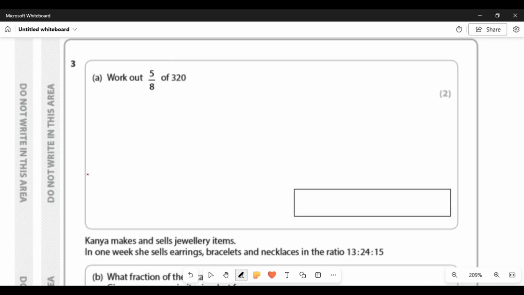Question 3a, work out 5/8 of 320 for 2 marks. When you do a fraction of an amount, you always divide by the bottom, or the denominator, and multiply by the numerator.